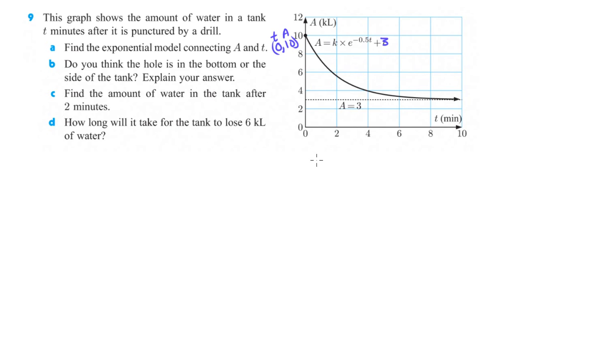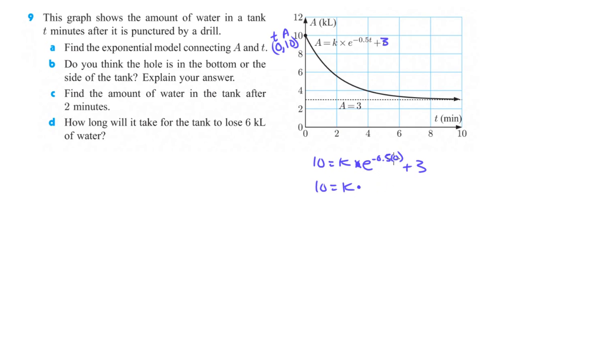So A is 10 equals K times e, and remember e in this case is an actual number, negative 0.5 to the 0 times 0. Plus 3. Okay, so let's see, to figure this thing out here, we know that 10 equals K times, I'll put a dot there instead of the big X there, just to not be confusing.